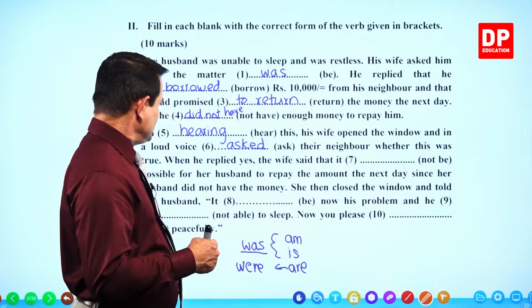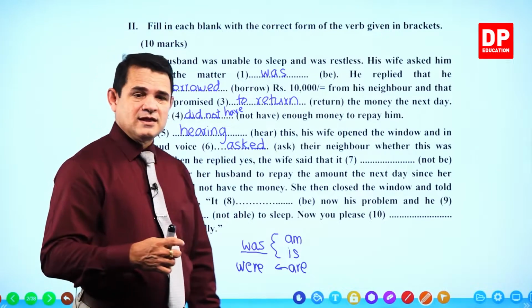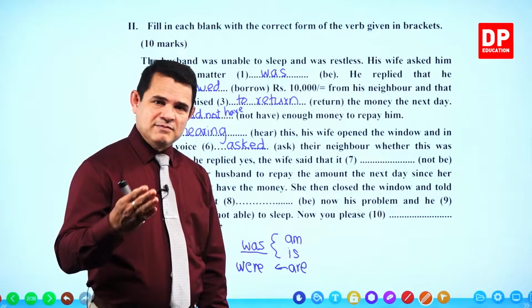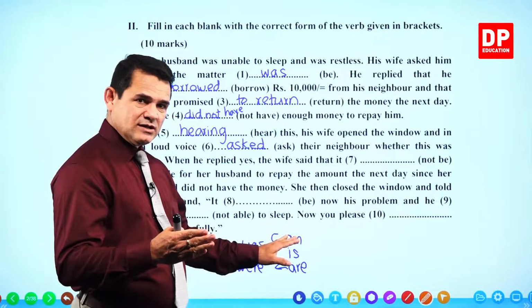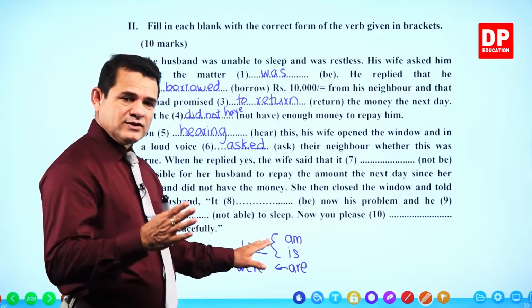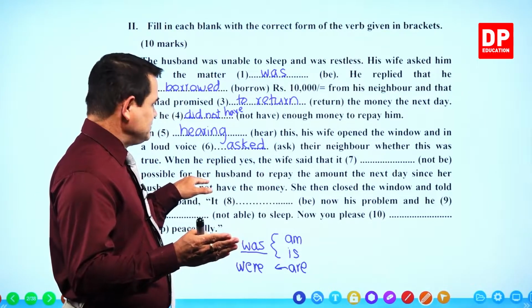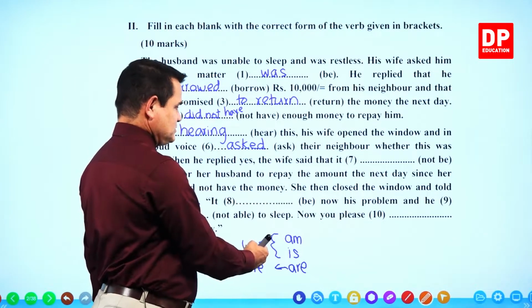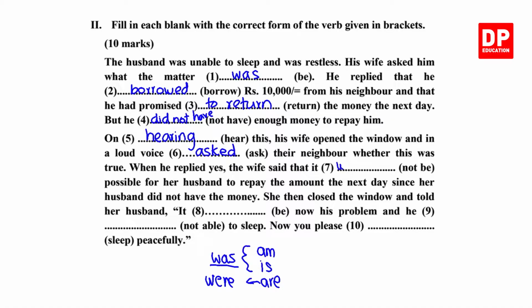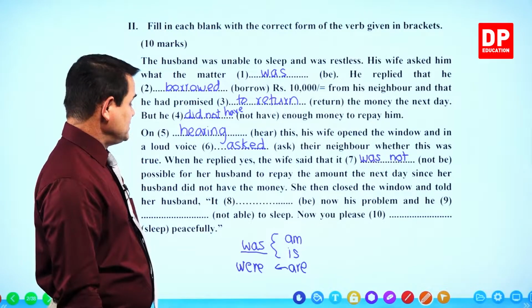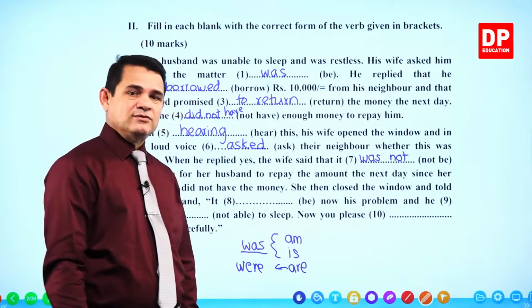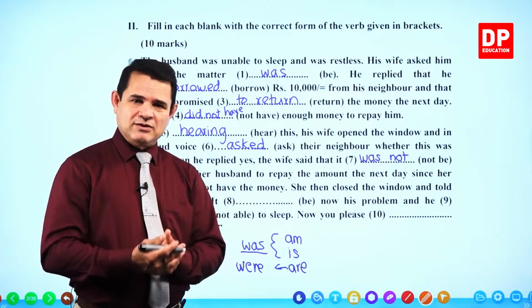He was not able to repay. The be verb in past tense is was, and the negative is was not. It was not possible for her husband to repay the amount the next day since her husband did not have the money.